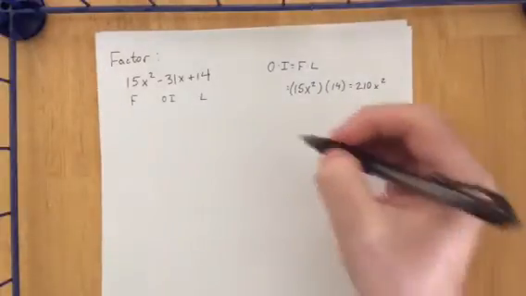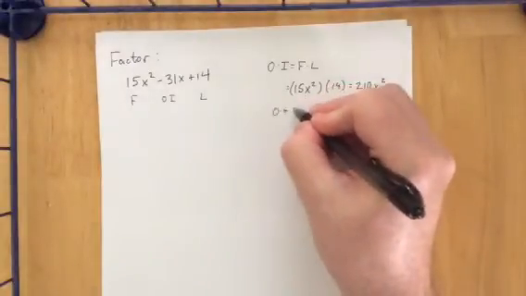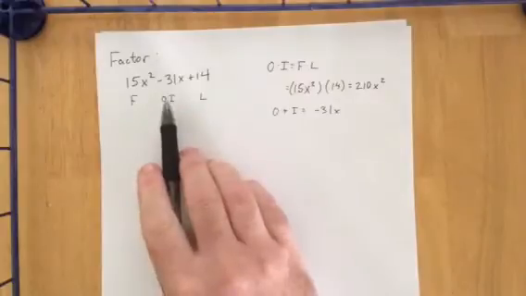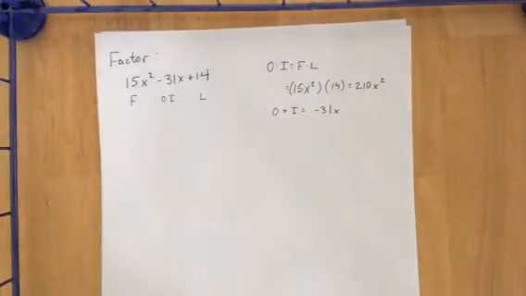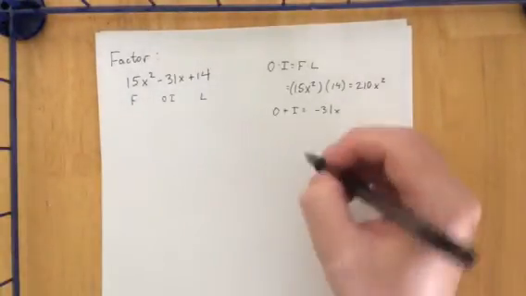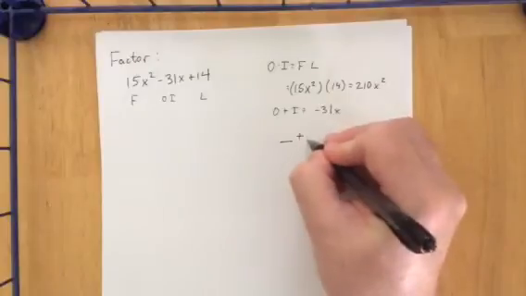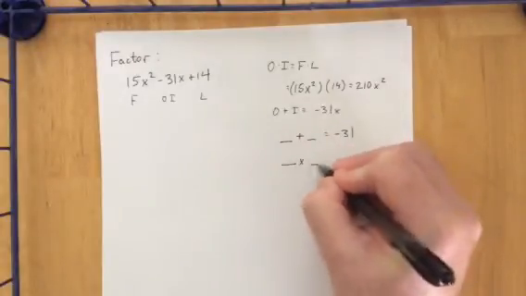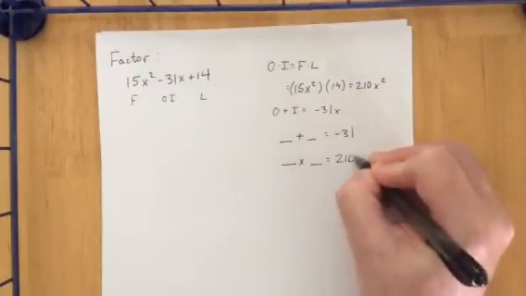I also know that the combination of the O plus the I is going to be negative 31x based on how I labeled it back here. That should be the combination of the O and the I. Excuse me. So with that in mind, here's what we're going to do. X's aside, we're looking for two numbers that when I add them together, I get negative 31, and when I multiply them, I get 210.